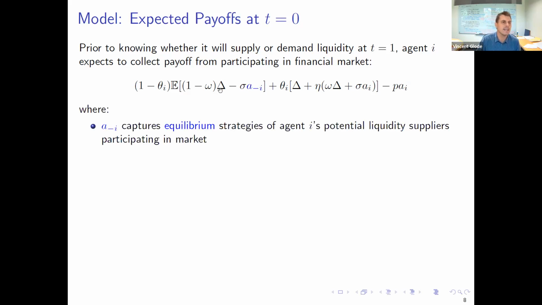So here you can see that my payoff function when I demand liquidity depends on the equilibrium strategies of all my potential liquidity suppliers who participate in the market. So it will depend on equilibrium choices.